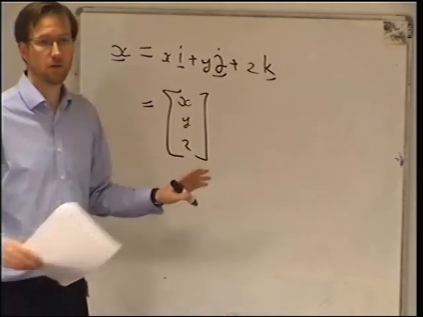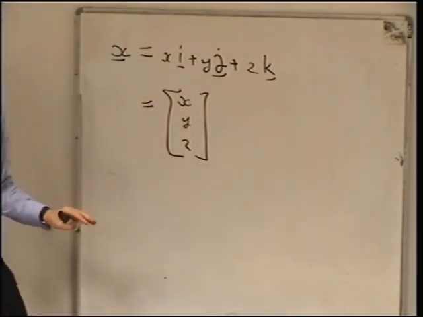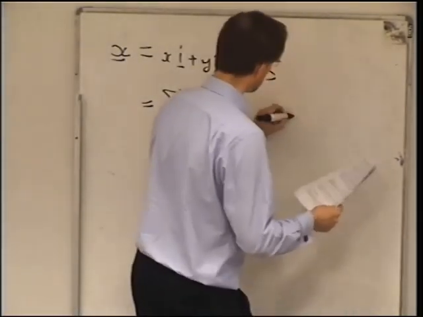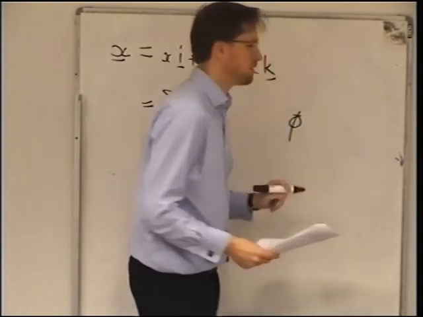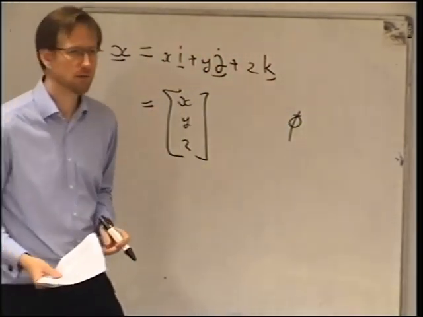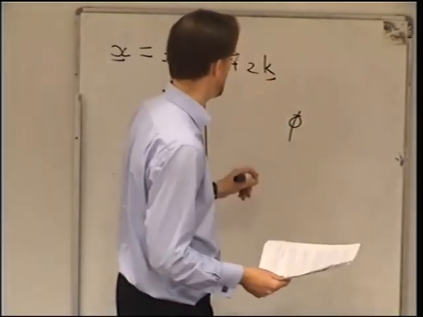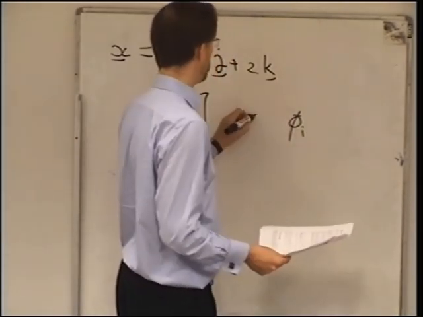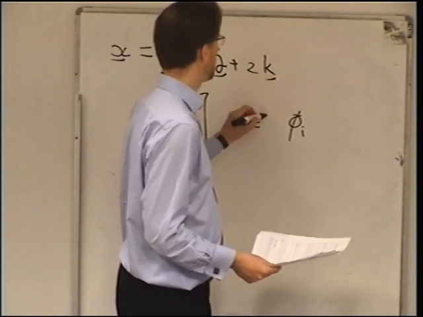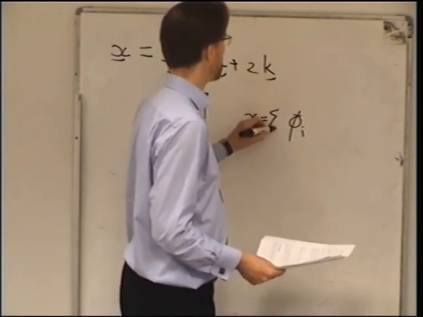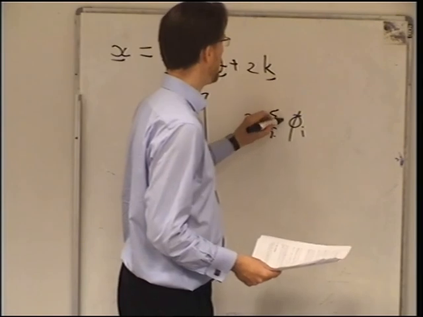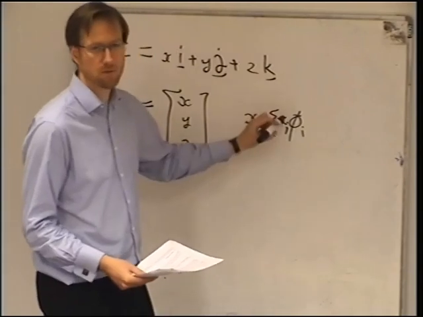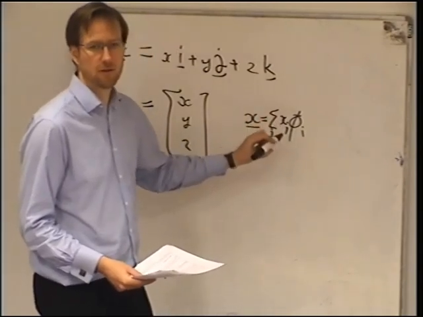So what we'll be doing all the time, whenever we've got a vector space, and usually it'll be a function space, is we'll be choosing a basis, which we normally call by Greek letters in the range phi, psi, those sorts of letters. So we'll have a set of basis functions, and we'll be writing our vector as the sum over all the basis functions of that many coefficients times the basis functions.